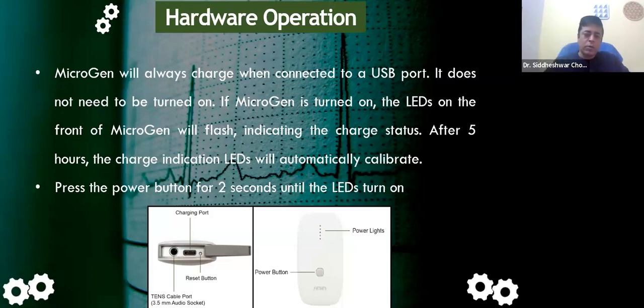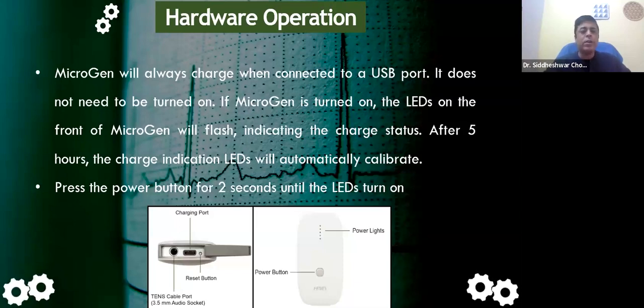Okay. So just below these LEDs, you see a power button. It is a square silver color button. So that is very simple to operate. Coming back to the theory part, MicroGen doesn't have to be turned on when it has to be charged. It can be off and it can be charging. There is no problem.